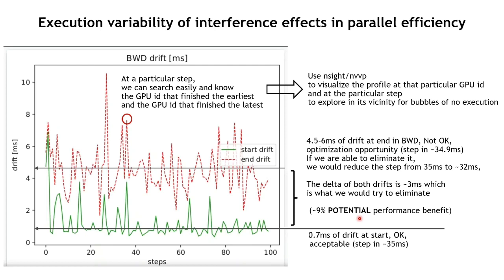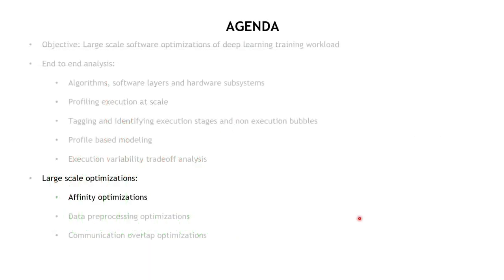We will cover a list of optimizations applied to this workload in the forthcoming slides. The list of optimizations that we have found to impact greatly at larger scale are affinity, data preprocessing, and communication overlap. Let's explain them one by one when applied to the ResNet 50 training workload.